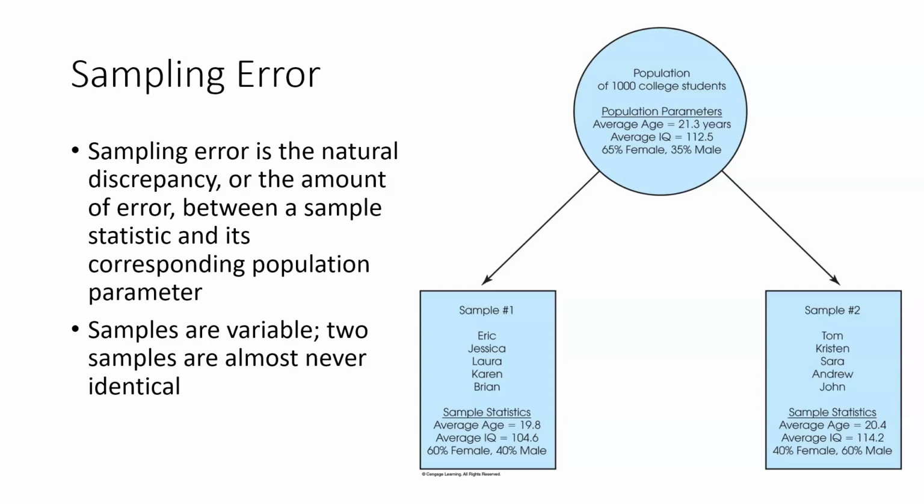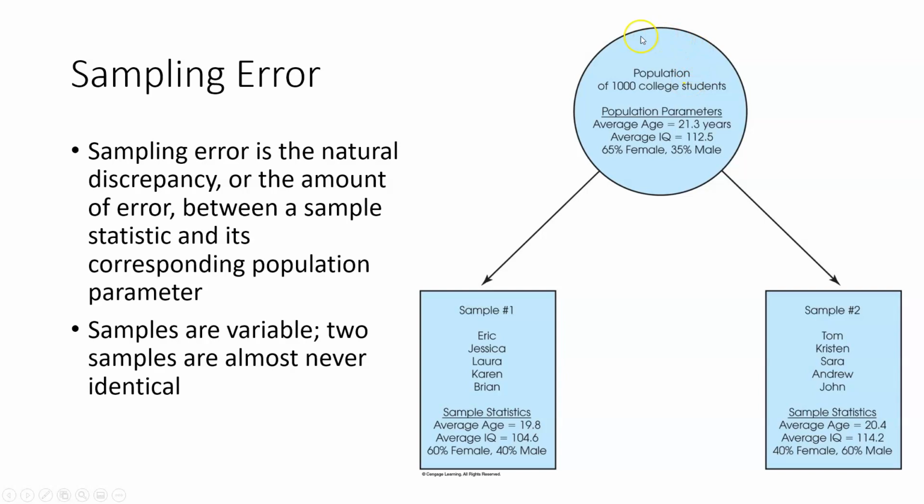I'm going to shift back and recall from your memory a couple of days or weeks ago a concept we covered early on, I think this was from the first module, is sampling error. You'll remember from this chart that sampling error is the natural discrepancy or the amount of error or the difference between a sample statistic and its corresponding population parameter.